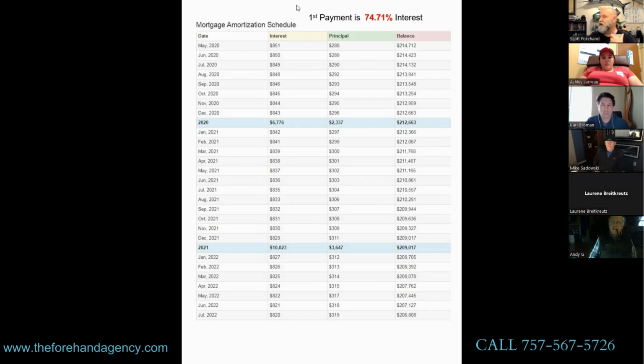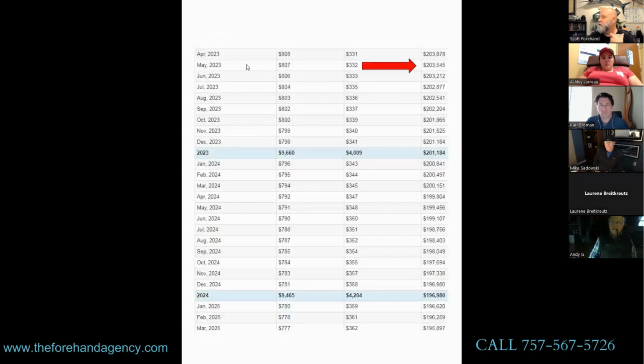So what does that look like? May 2020, we owed 215. In May of 2023, 2.3 years, that's how much would be owed on that property just making normal mortgage payments.